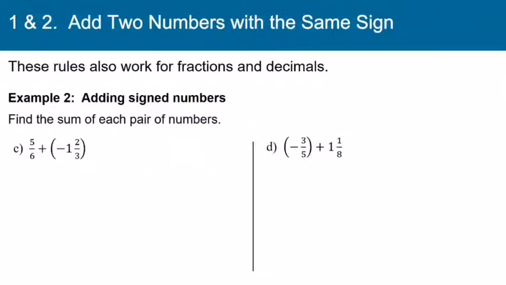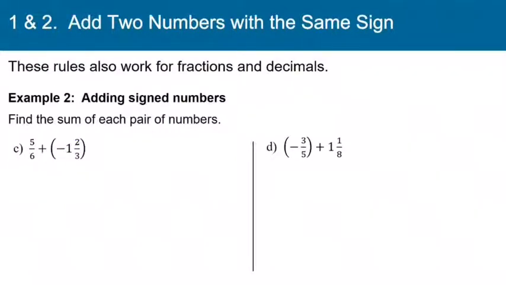Now let's continue this example with some mixed number problems. I think that since we have the sign rules thrown in here, it will be easiest for us if we convert these mixed numbers to improper fractions. Remember, that's always an option for us. So I'm going to say that 3 times 1 is 3 and 3 plus 2 is 5.